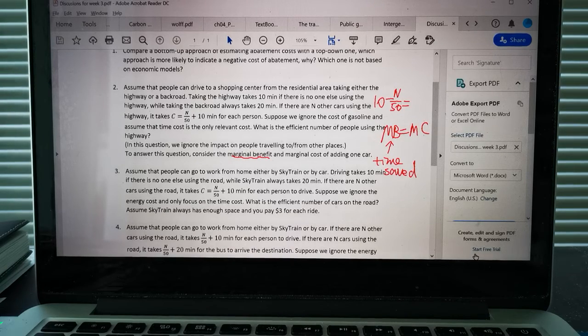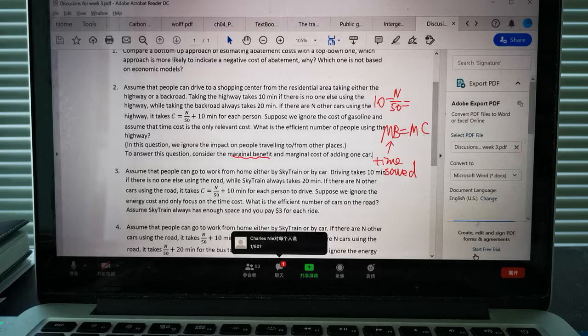For each existing car, what is the impact if now there's a new car coming to the highway? Now the highway gets more crowded, right? So for all the other cars, the time cost increases by 1/50.